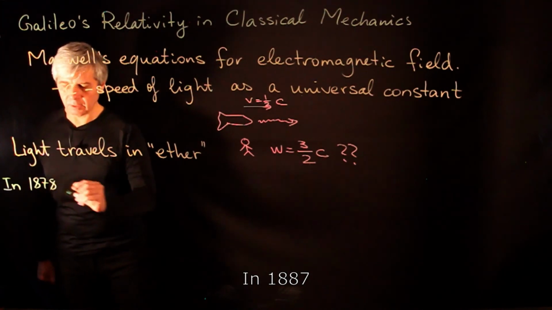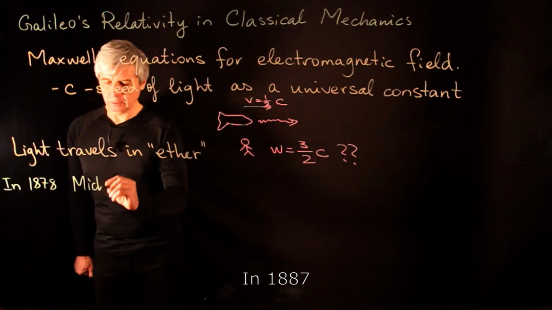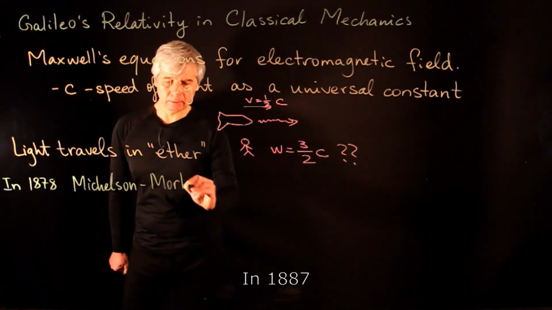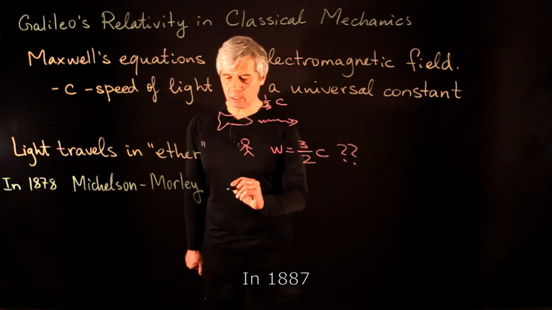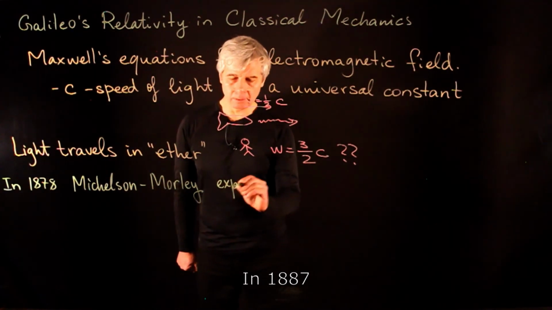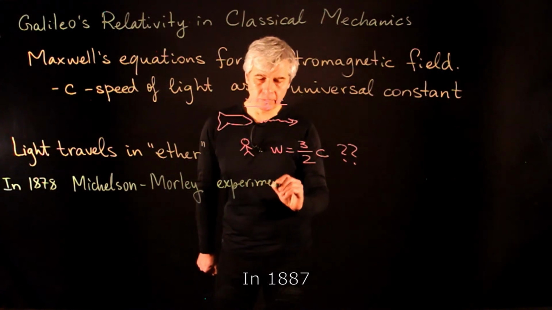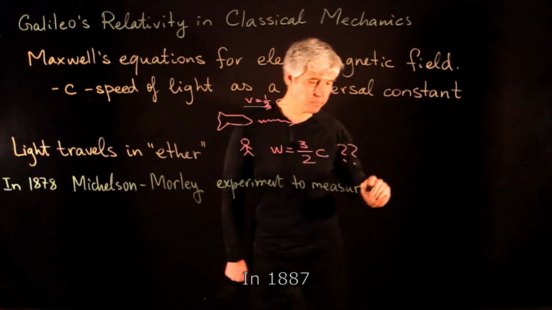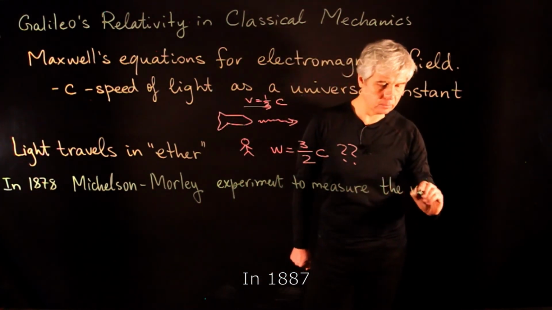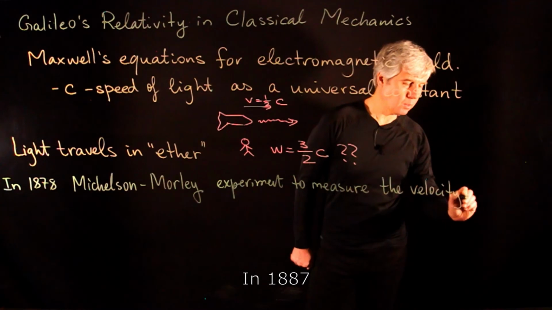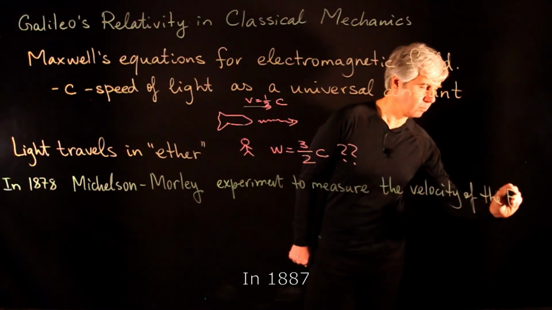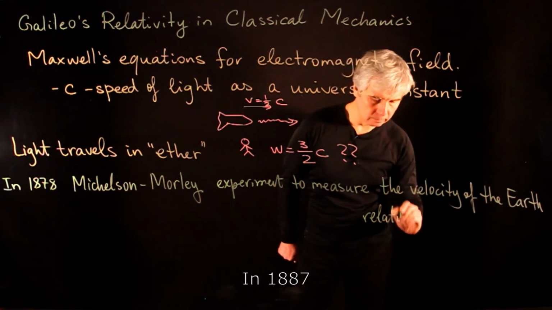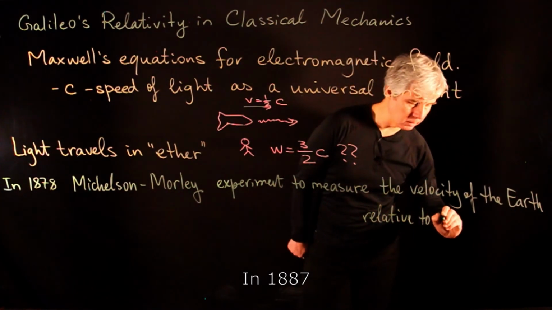Then in 1878, Michelson and Morley decided to run an experiment to measure the velocity of the Earth relative to this ambient ether.